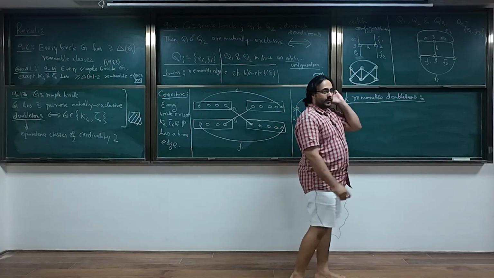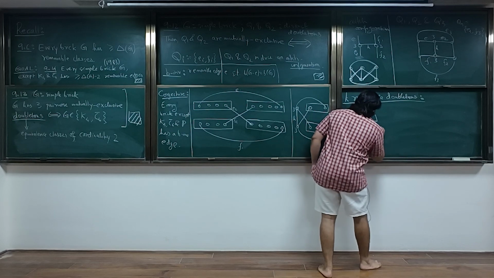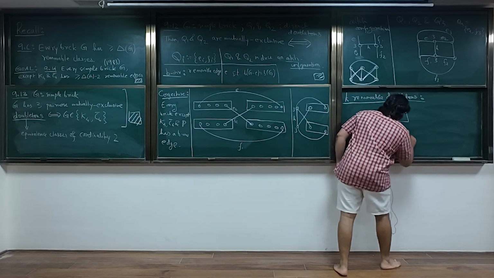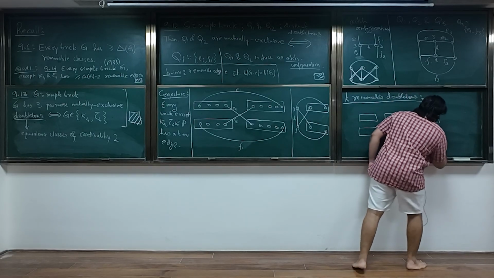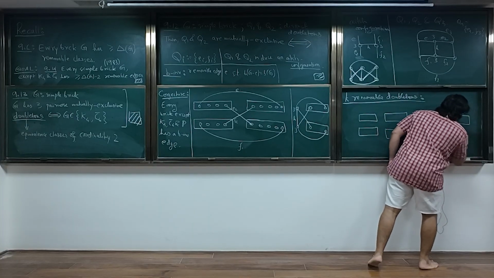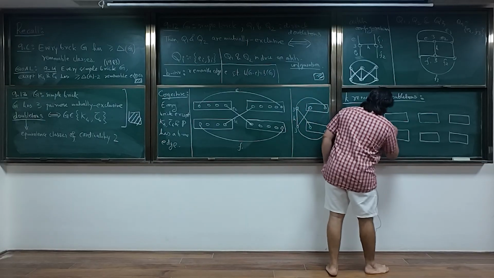If you have a brick with k removable doubletons, if you delete all the 2k edges, your graph will break into k many components. All of them will be bipartite. And the edges you deleted, they look exactly like this.